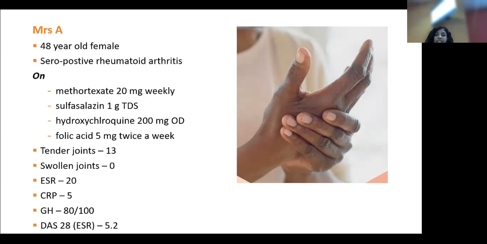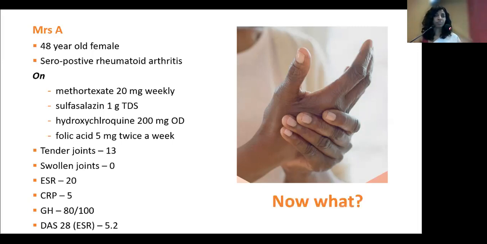Her inflammatory markers are essentially normal, and you go on to do a DAS28, because that's what we go by. We do an objective assessment of the disease severity. The patient says that her global health score is 80 out of 100, and you get a DAS score of 5.2. So that's severe disease. So what do we do now?